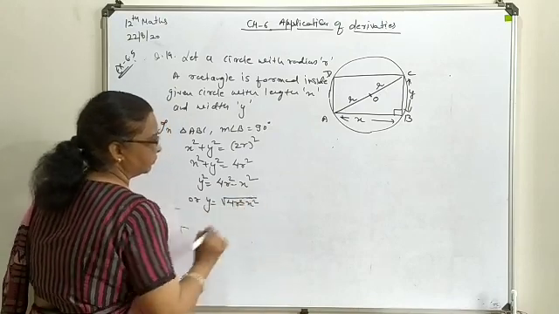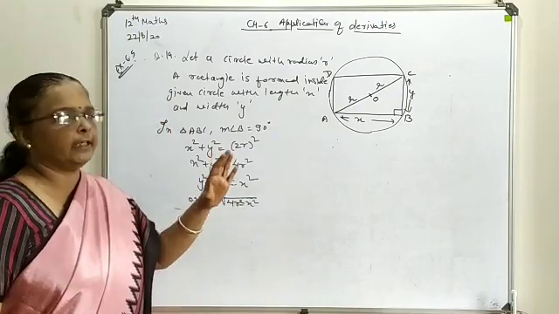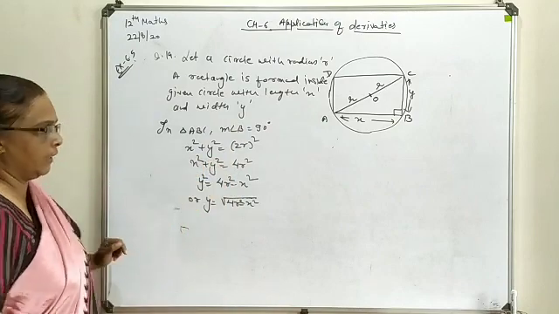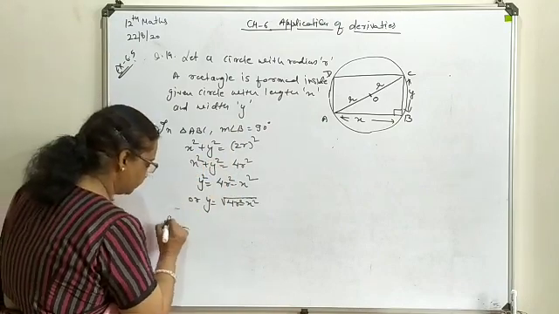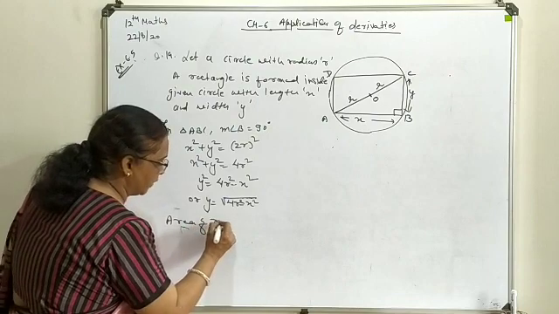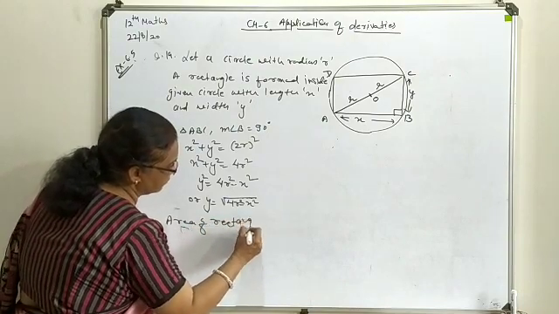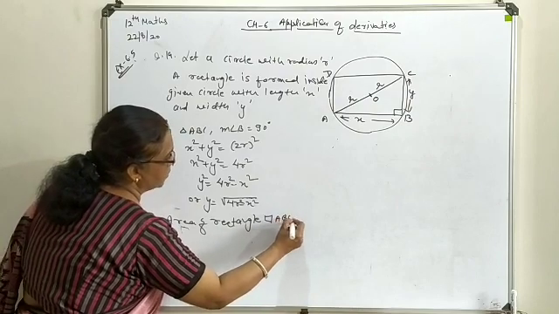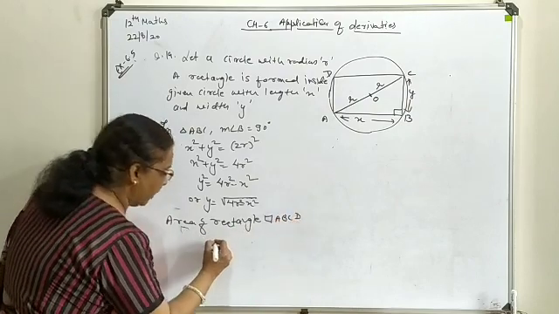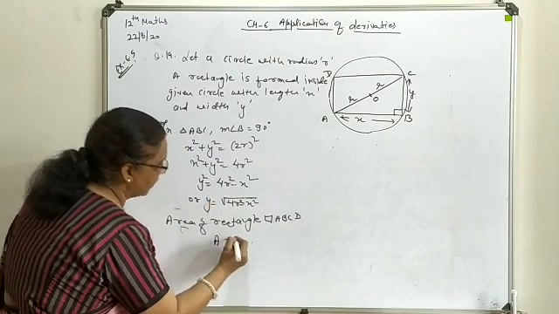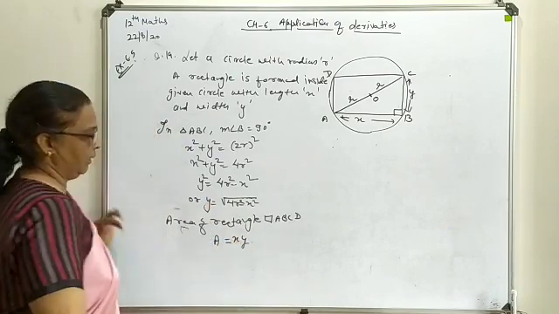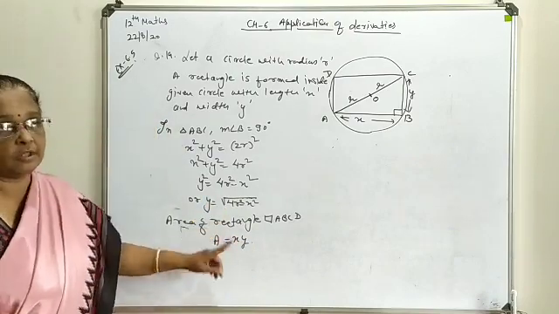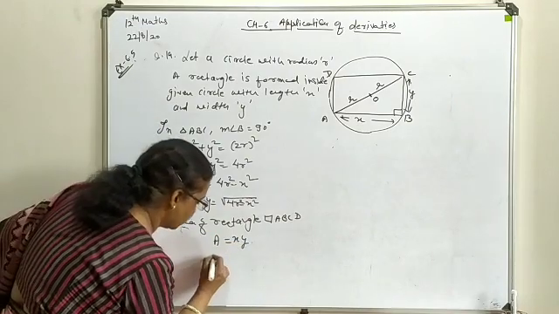Now we will talk about the area of the rectangle ABCD. So the area here we can write as x into y. Y we have already written in terms of x, so we go for substitution.